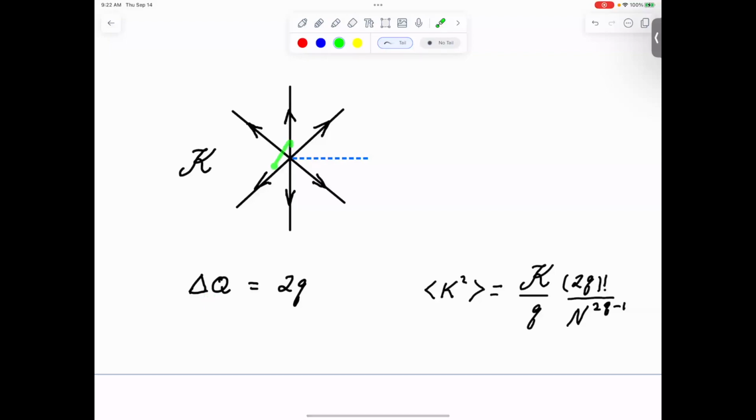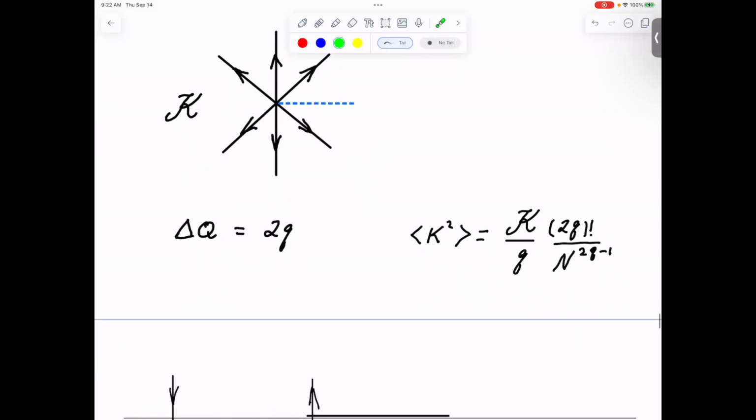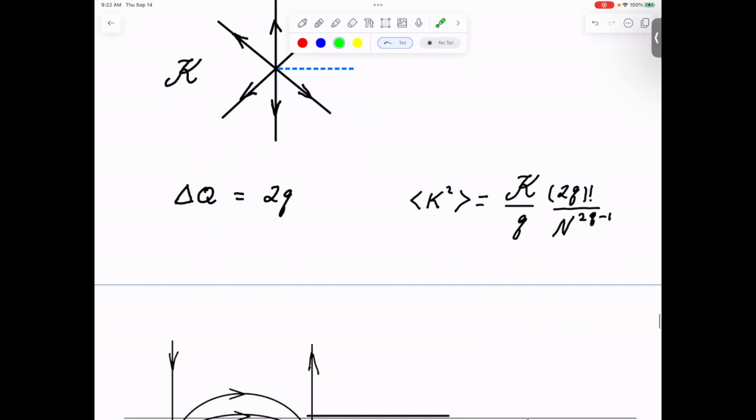Because the charge breaking is so large in this version of it, you have to divide by Q to make it comparable to a symmetry breaking in which delta Q was of order 1. But this is something we can do. The ensemble average, or the fluctuation in K, is taken to be of the same kind as for J, except with an extra factor of 1 over Q. This is convention.